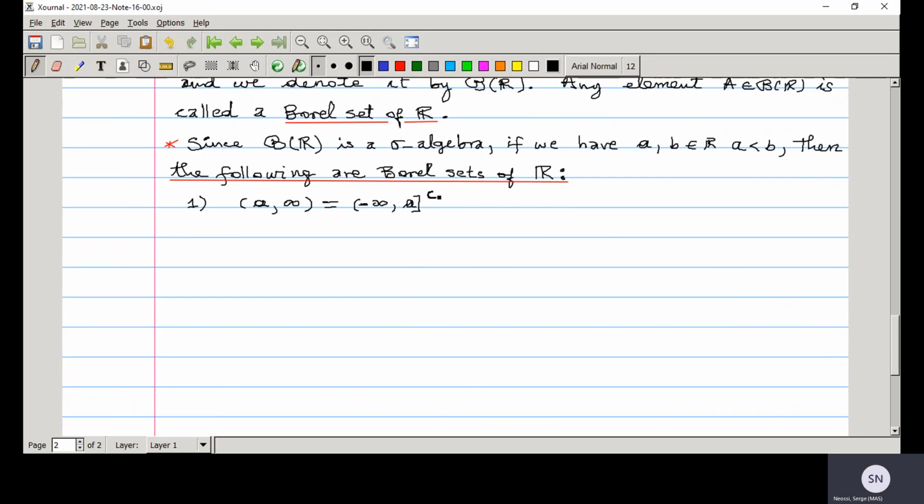If I take the complement of this, it gives us that. Because remember, the underlying set is R, so by definition this is R minus the interval negative infinity to a. So we can say that this is an element of BR, because it's the complement of an element of BR.